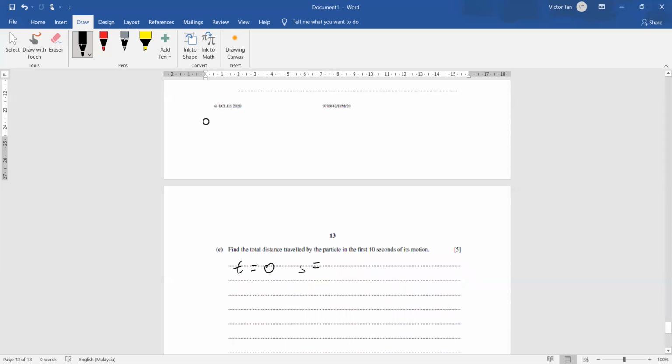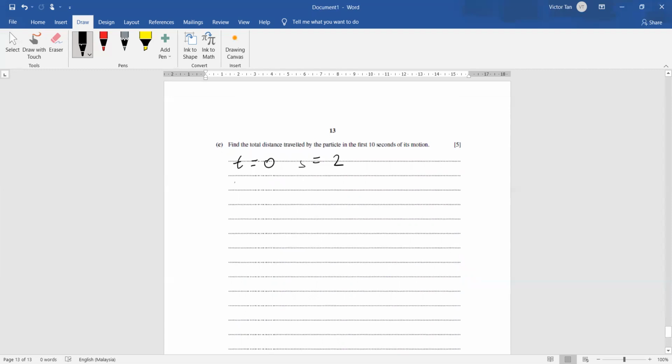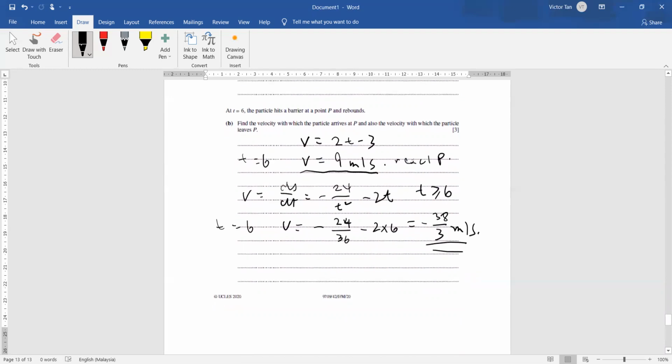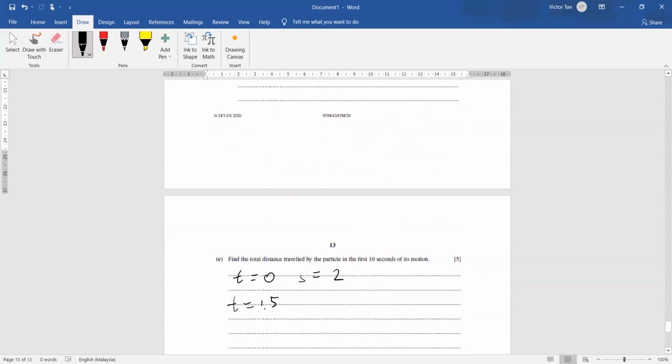It stops when t equals 1.5, so you have to find s when t equals 1.5. When it stops, it will turn back.